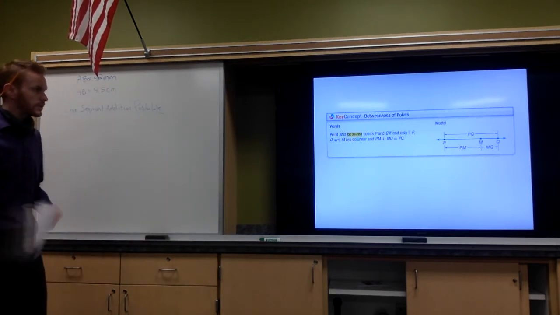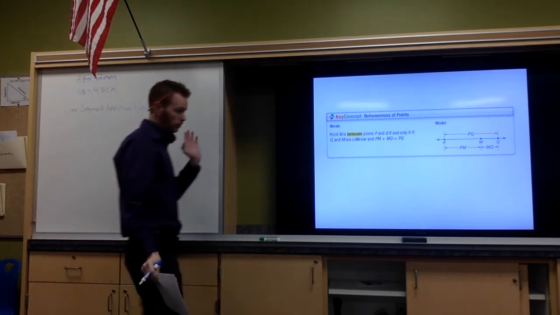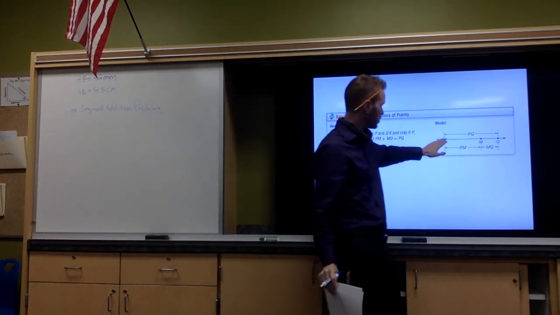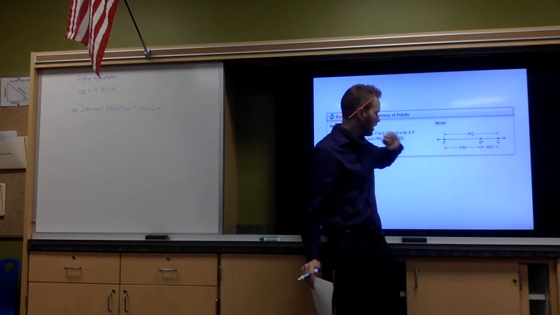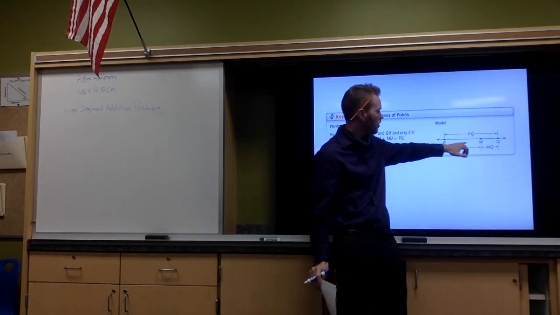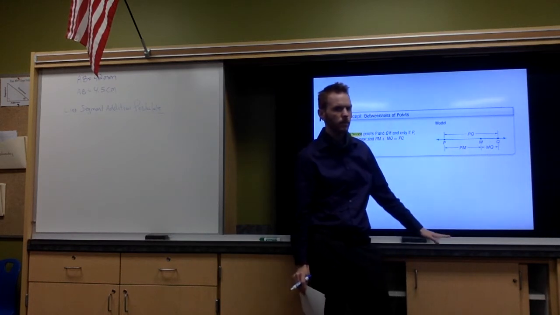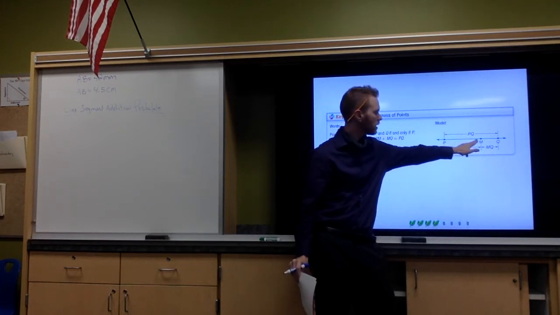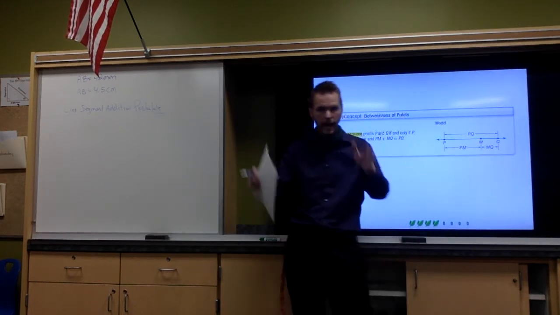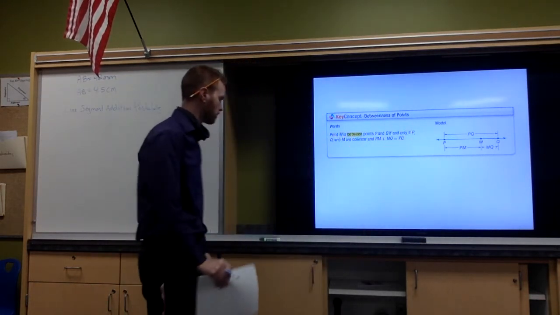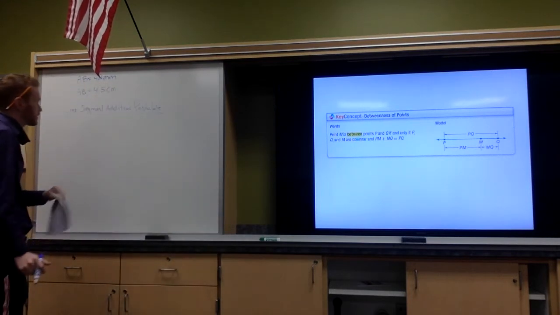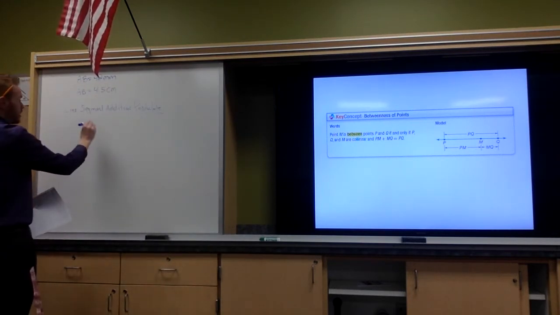What this states is that I can look at the whole segment, everything that PQ has. Here's the whole segment PQ, and it's equal to the smaller segments added up. It's equal to PM plus MQ. If I add those two chunks together, I get the whole thing, right? That's what this segment addition postulate is talking about.